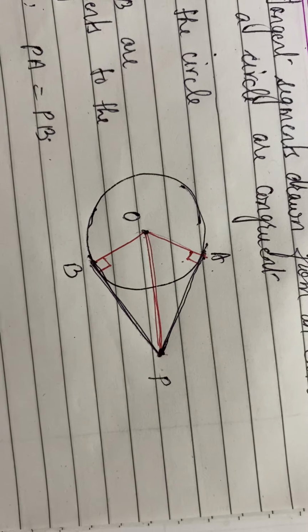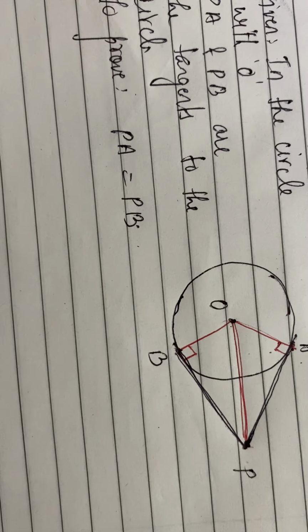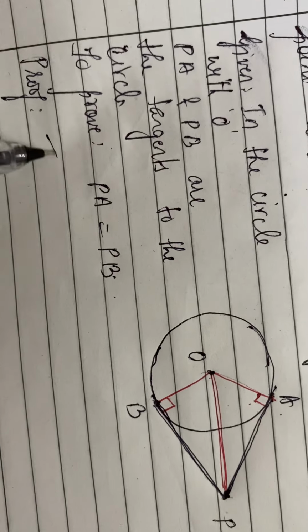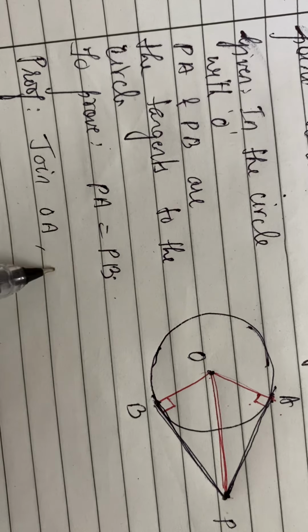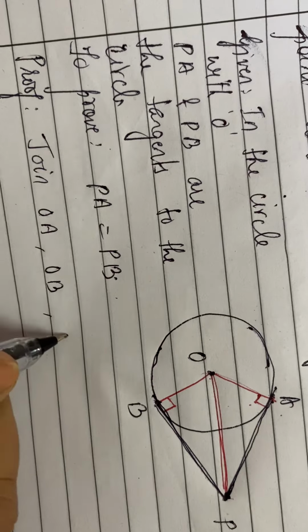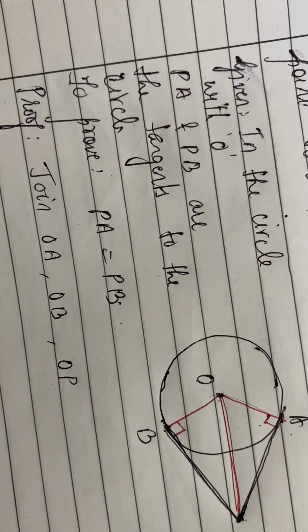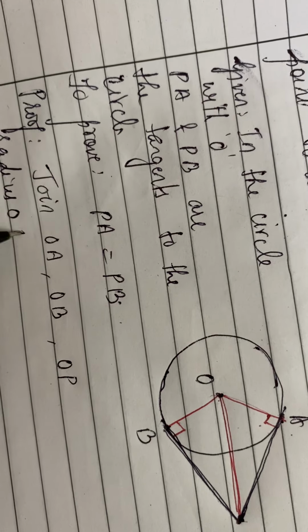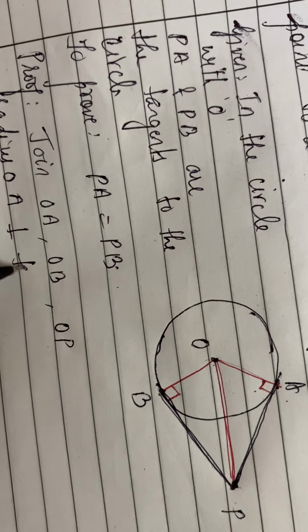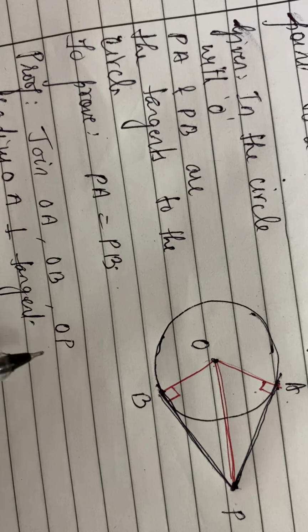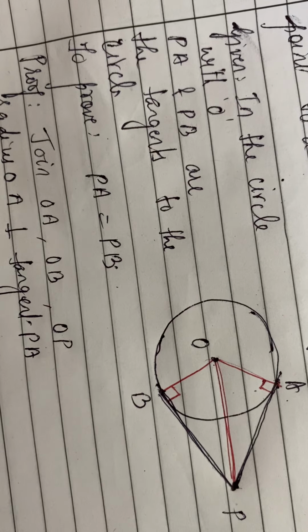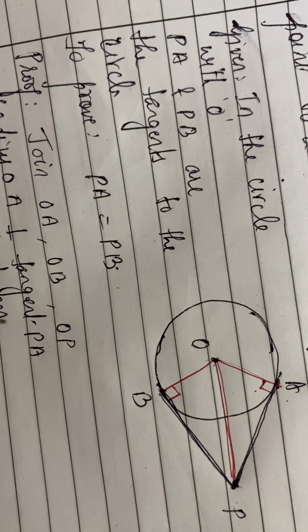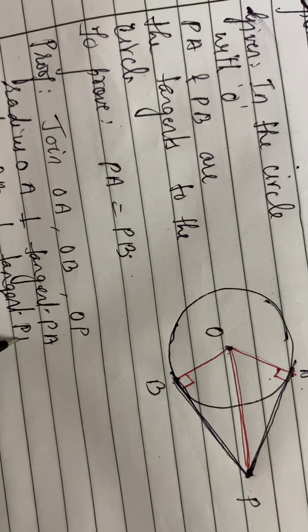so that we get two triangles OAP and OBP. So we write here now in the proof, join OA, OB, OP. Radius OA is perpendicular to tangent PA, and radius OB is perpendicular to tangent PB.